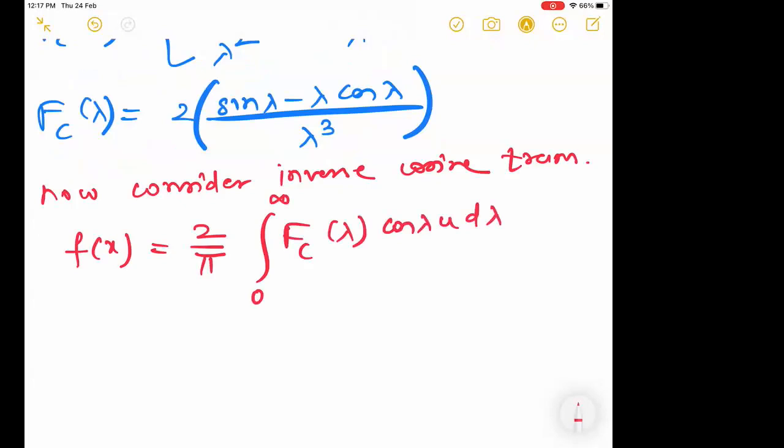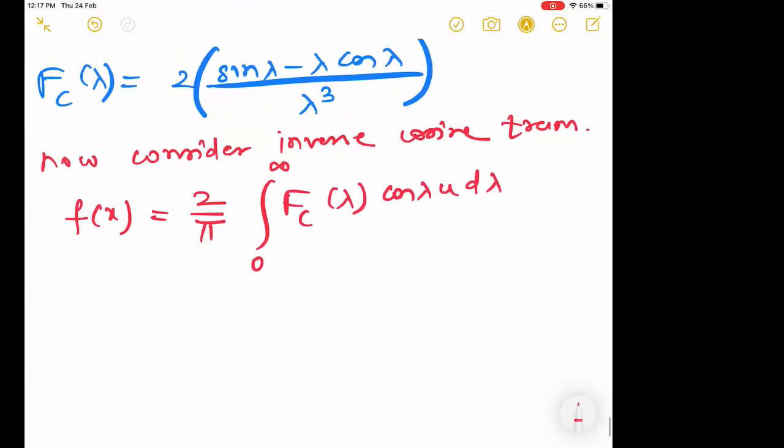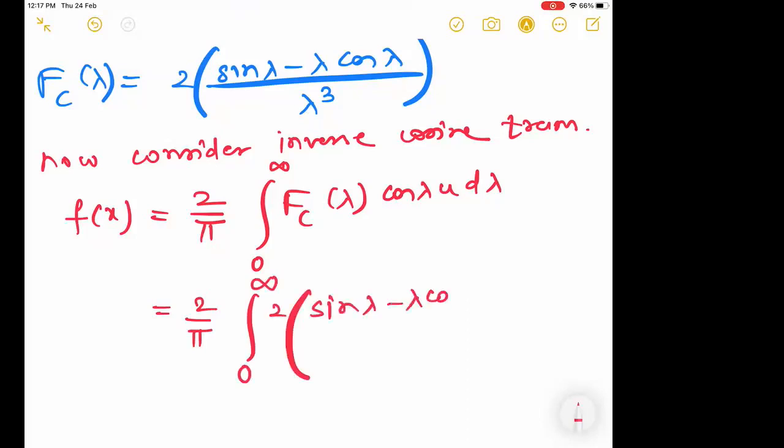This is actually the formula in which we are putting Fc lambda. That means 2 upon pi integral 0 to infinity 2 into bracket sine lambda minus lambda cos lambda upon lambda cube into cos lambda u d lambda.